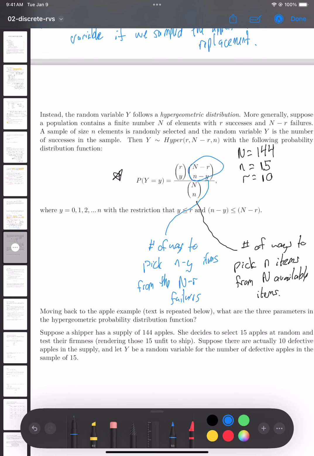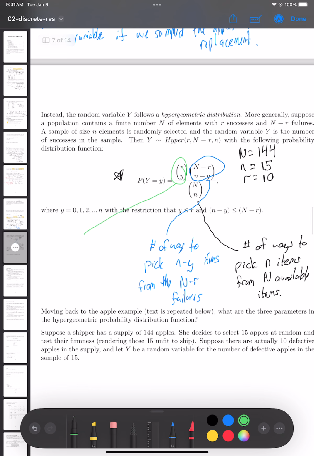So there are 134 apples that are not defective. These are the failures. And capital N minus r choose lowercase n minus y is the number of ways to select those n minus y failures. The last piece is similar in that this would be the number of ways to pick y items from a group of r successes. And then the numerator also uses the mn rule to multiply those two quantities together.